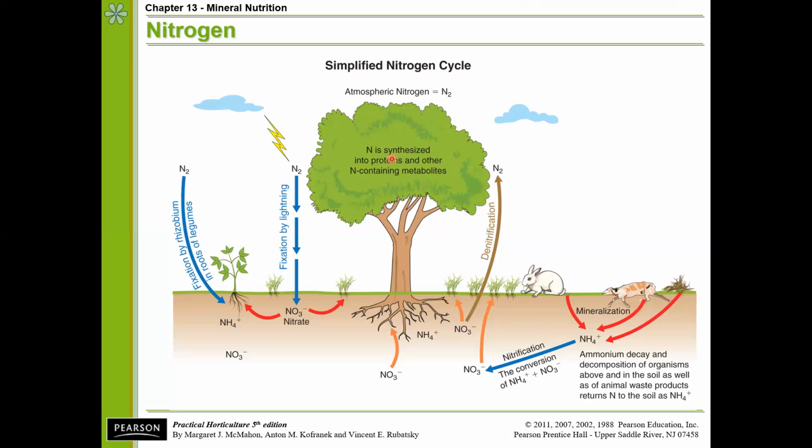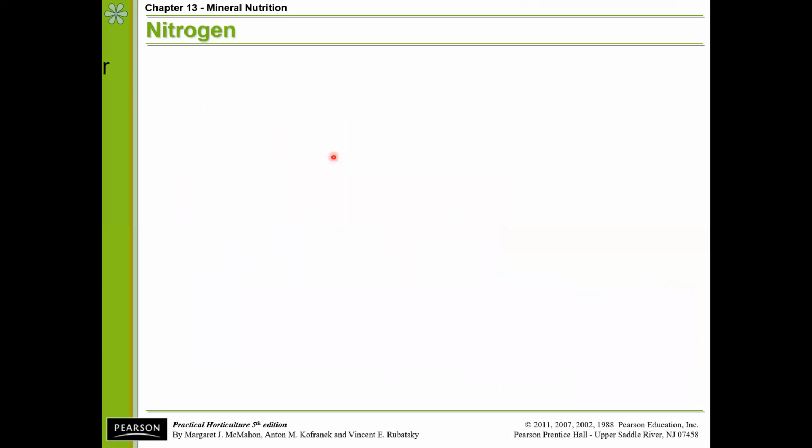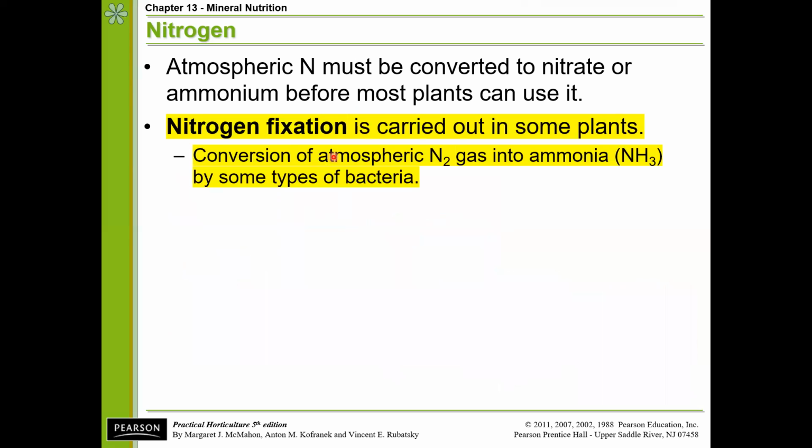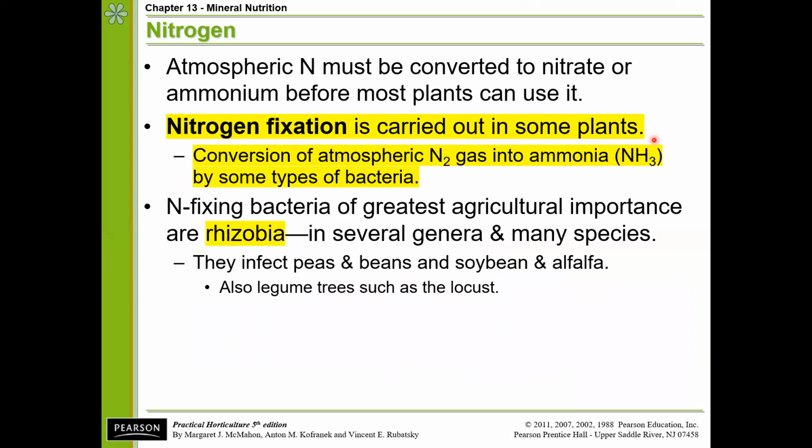And then it starts the cycle over, because in the leaves, eventually they will fall and some nitrogen will be returned to the earth. So again, nitrogen fixation is carried out in some plants, mostly the legumes, but some other types of plants as well. And that's just converting that atmospheric gas into ammonia by different types of bacteria. Rhizobia are the main class that have the greatest importance to agriculture.